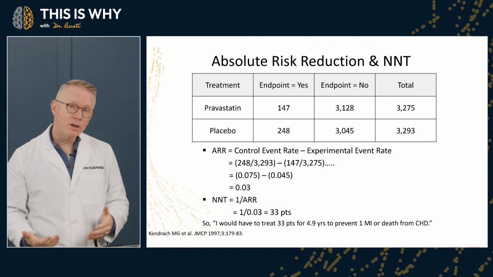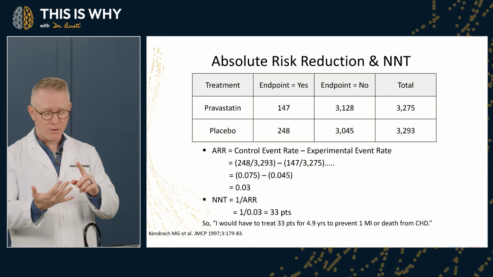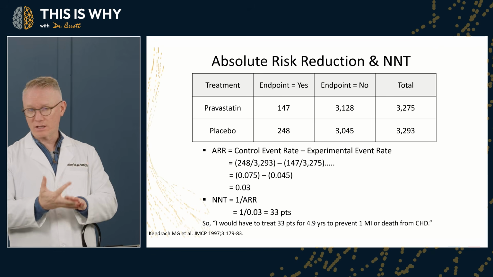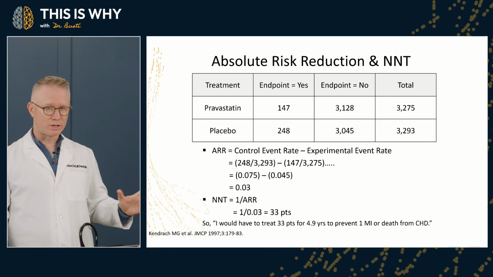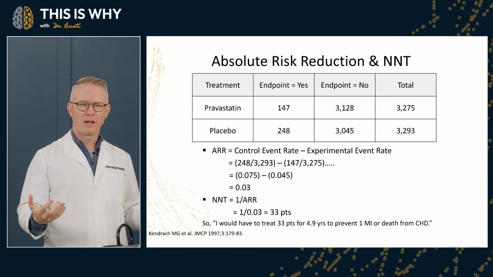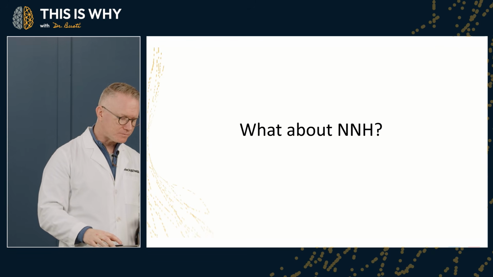Well, for 5 years, up to 30, how much does that cost? Drugs for 33 people for almost 5 years, monitoring, labs, side effects, clinic visits, all the resources. That's what goes into understanding the application, especially in a public health scenario.